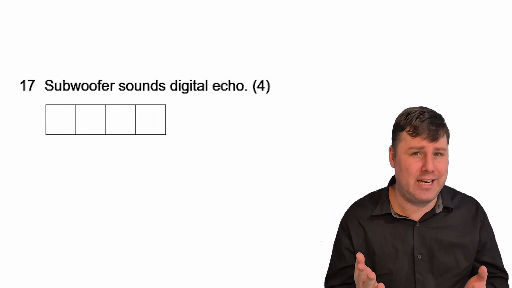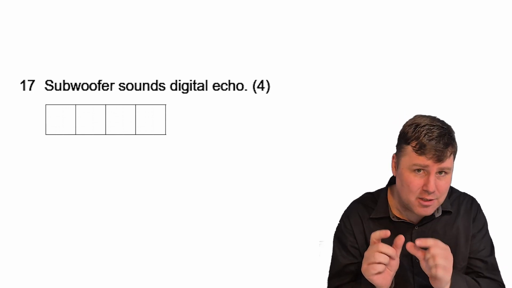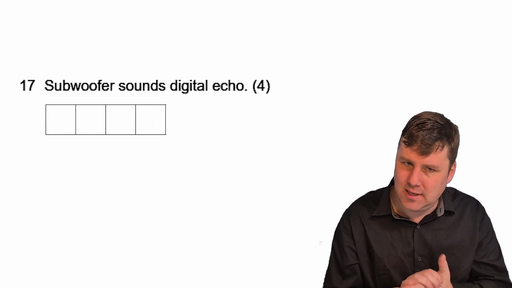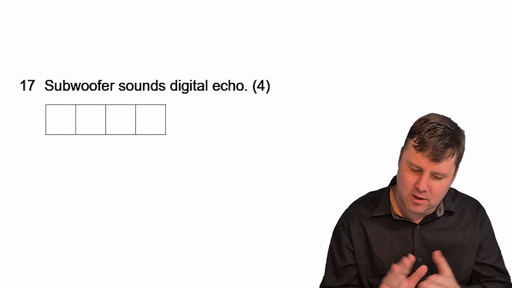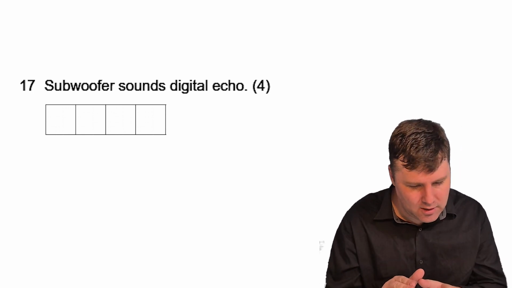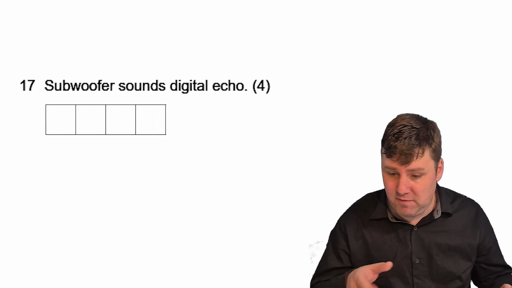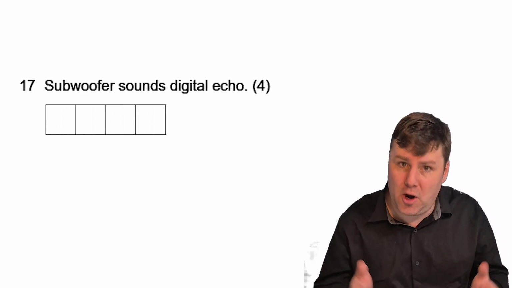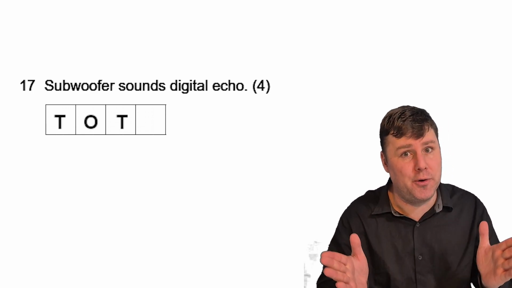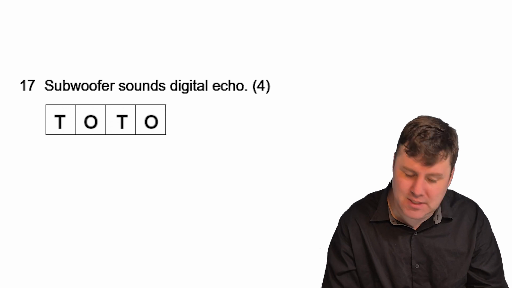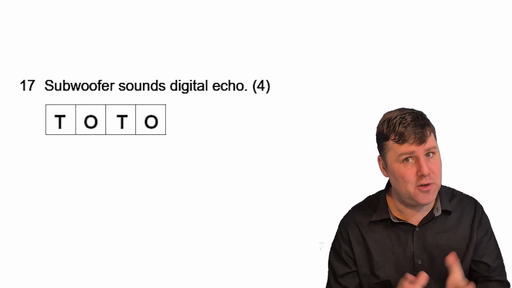We've only got 4 letters there, so it's going to be a short sound that's repeated twice. And a subwoofer is a funny little clue there that we've got a small dog. Digital, your toes are digits. If you repeat or echo toe, you get Toto. Subwoofer sounds digital echo. Toto.